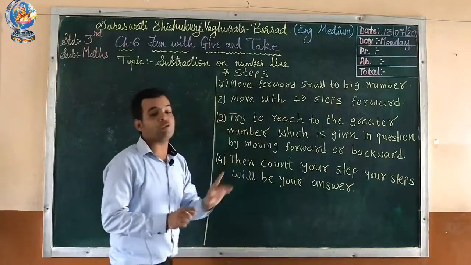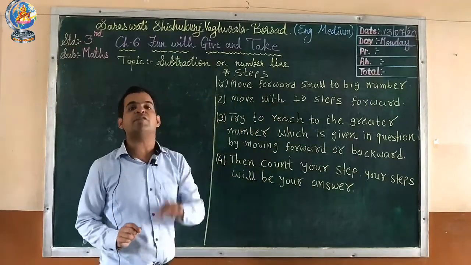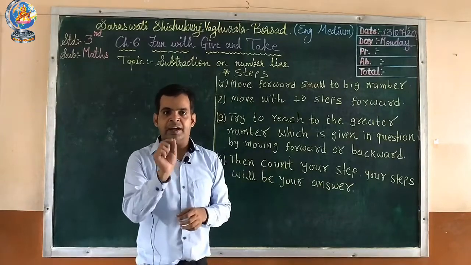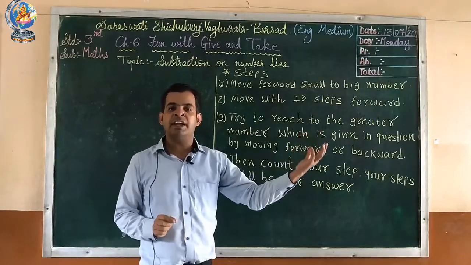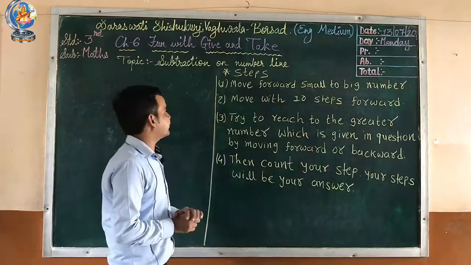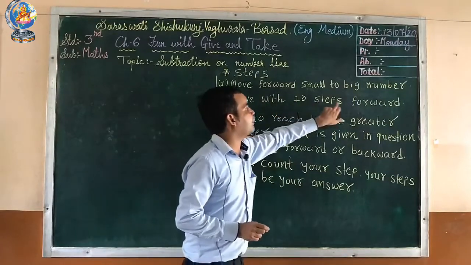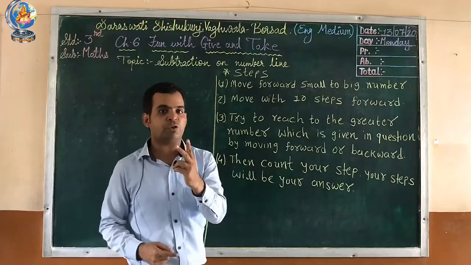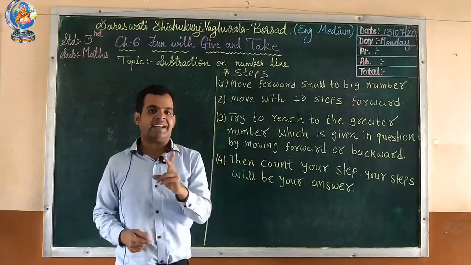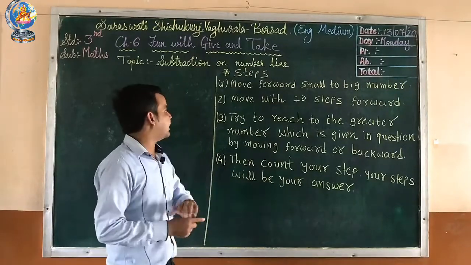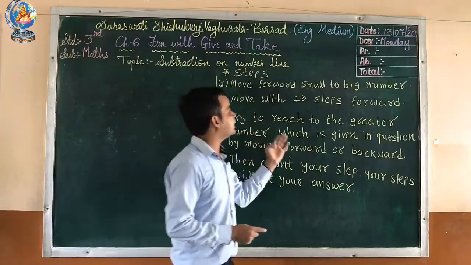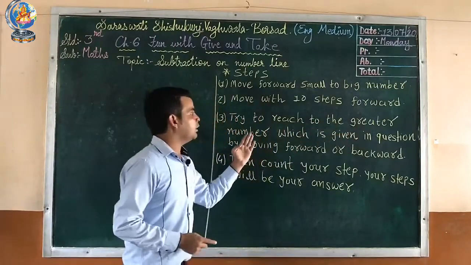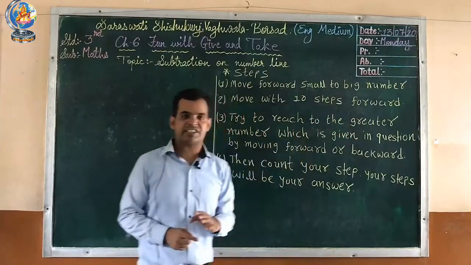First we write the small number and then we go forward to the big number. The second step is move with 10 steps forward. Every time we have to jump 10 steps. The third step is try to reach the greater number which is given in the question.